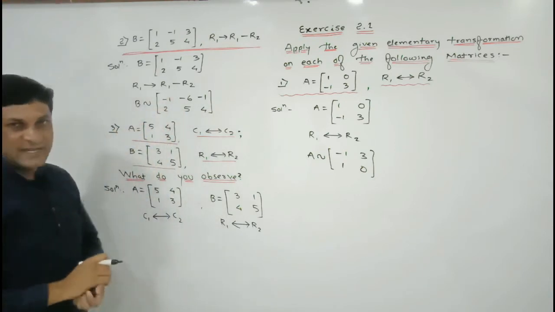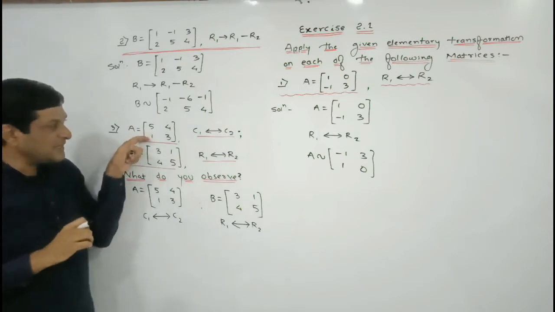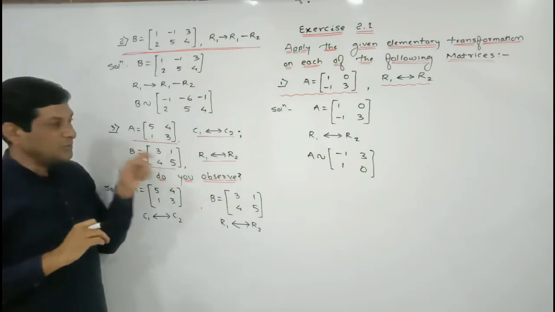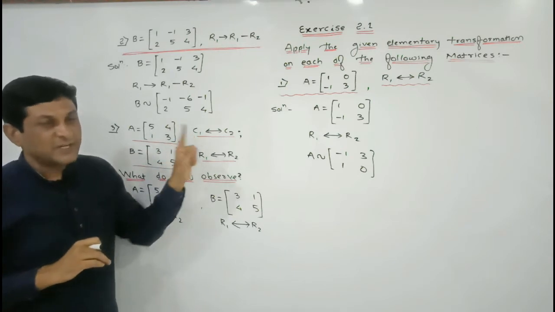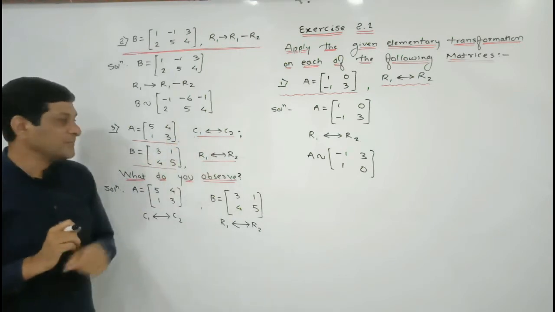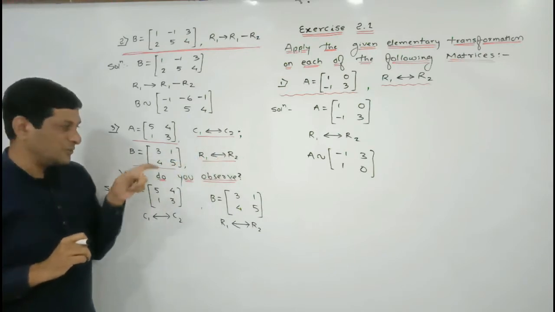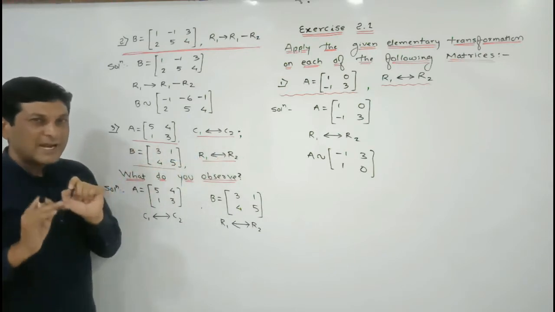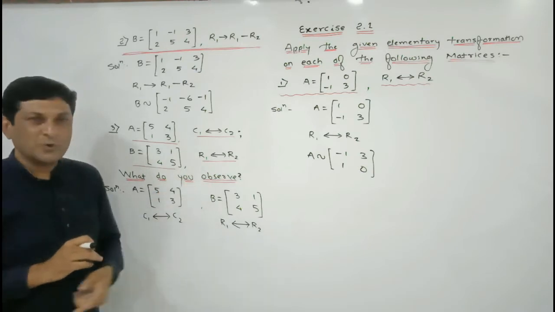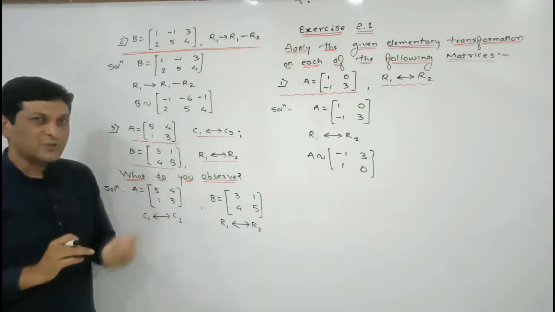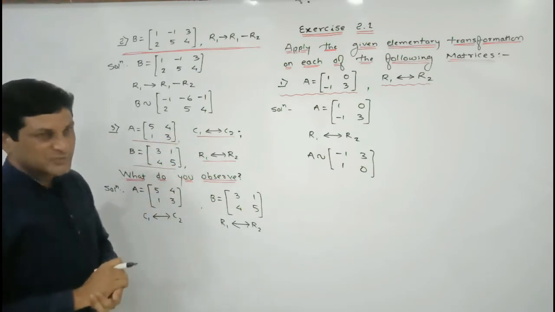Now observe the third example. In the third example here, matrix A is given to us, in which we have to perform this operation, means we have to interchange the element of C1 and C2, and in the matrix B we have to interchange the element of R1 and R2, and later on question is what do you observe? First let us perform this operation and later on see what is our observation here.